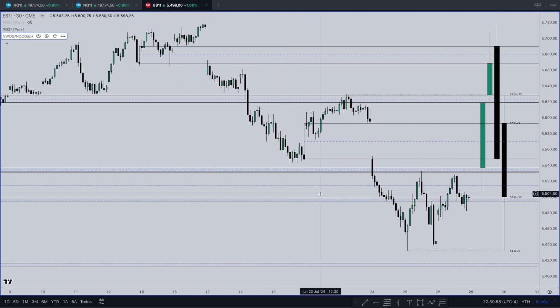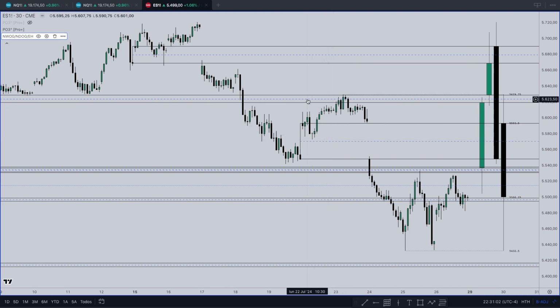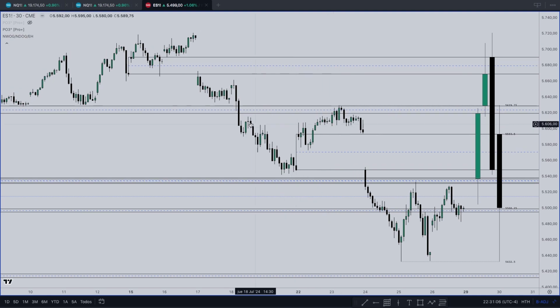And on ES it was a similar scenario, but we had an SMT here. Look how we take this high here, this buy side liquidity from Thursday, and we reprice exactly this gap. Look at the bodies.